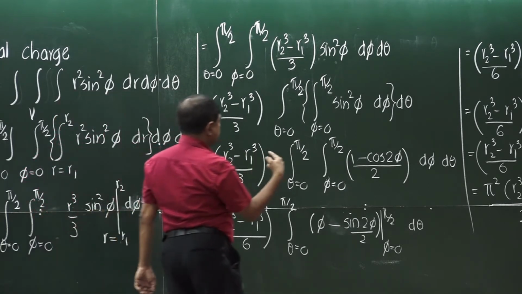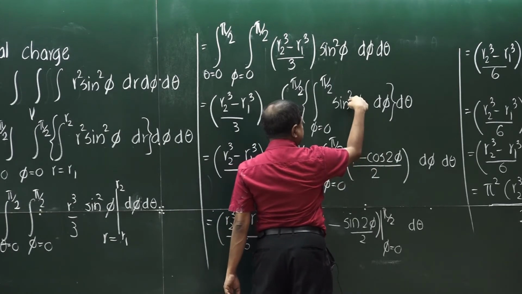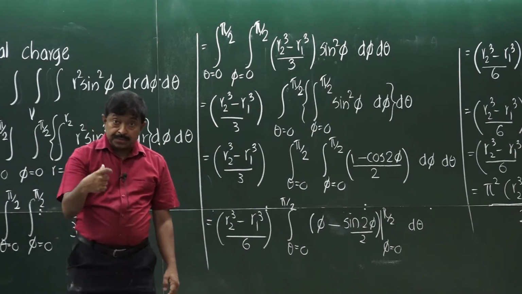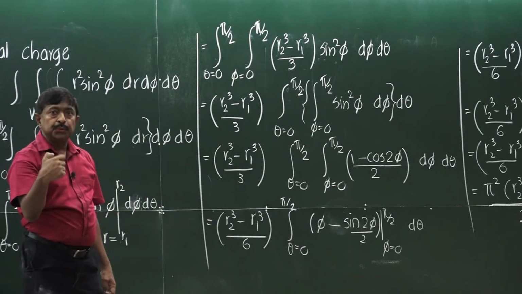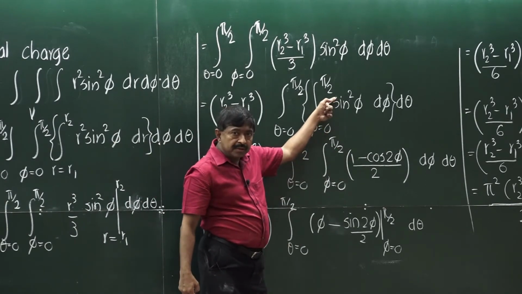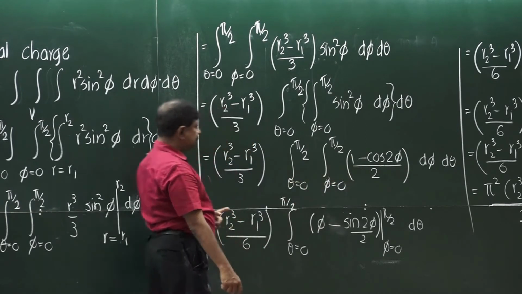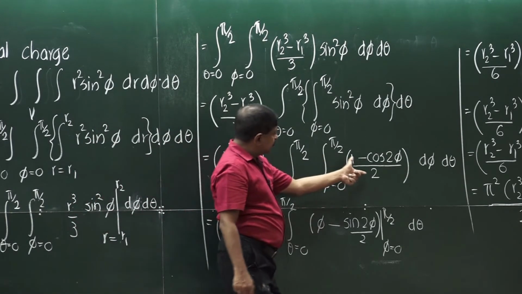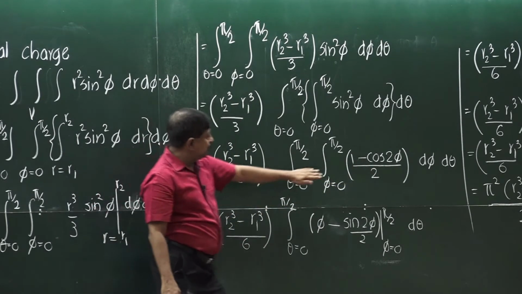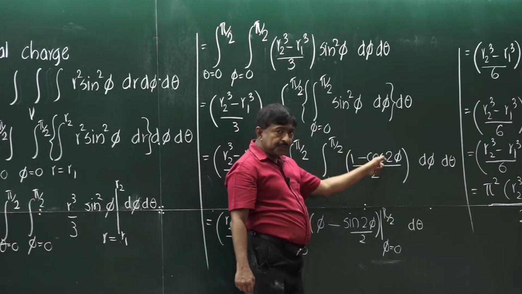Therefore, you have to use the reverse of the double angle formula, and you know that sin squared phi can be expressed in terms of cos 2 phi in this way. So, sin squared phi was replaced by this one. Now, here there are two terms, you pull these two out, it is easier for us. Then once you pull this out, you will end up with 1 minus cos 2 phi.